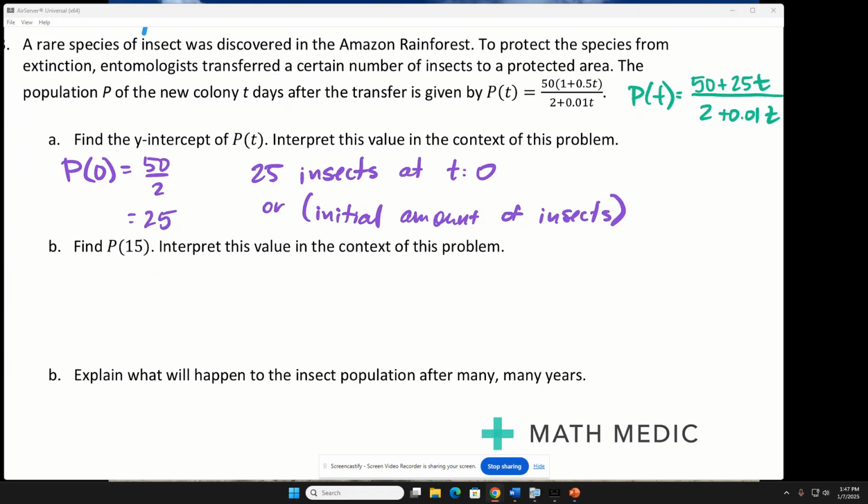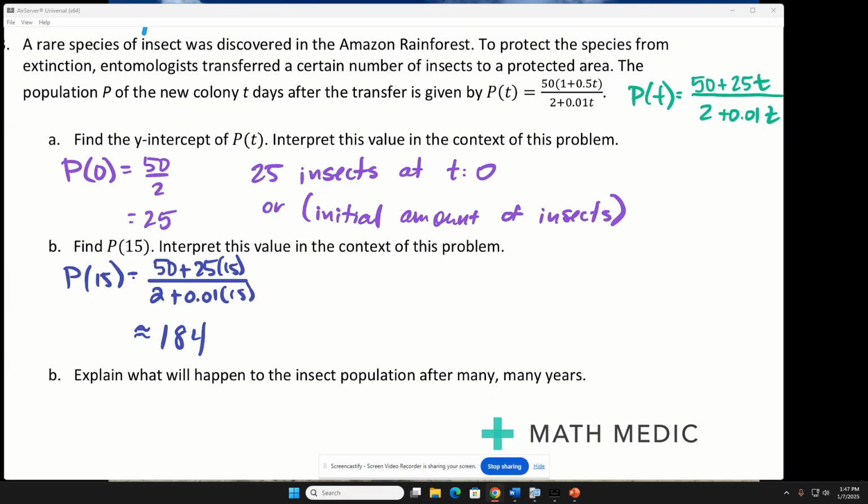All right, and then B asks us to find P of 15, which is just to take 15 and put it in for T. And you guys can put that in a calculator if you want to, or you can just trust me that you get approximately 184.